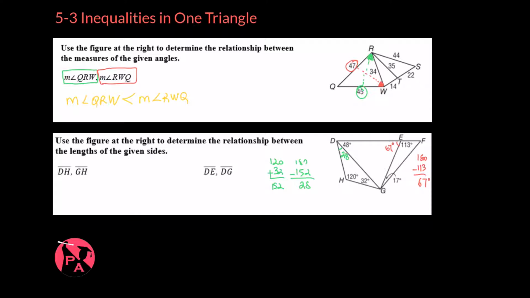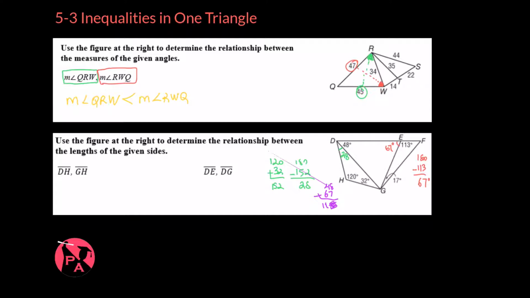Now I have 48 degrees, 67 degrees, and I'm missing this one. That means if I add these together and subtract them from 180 degrees, I can figure out the last one, the one in the bottom. So let's do that one. 48 plus 67, which is equal to 115.